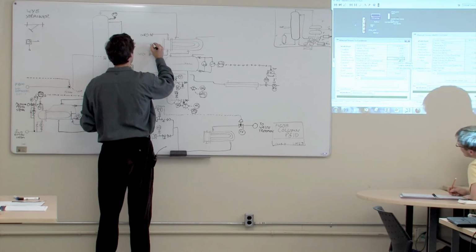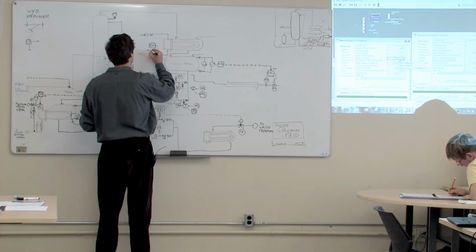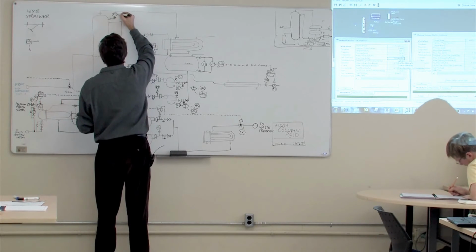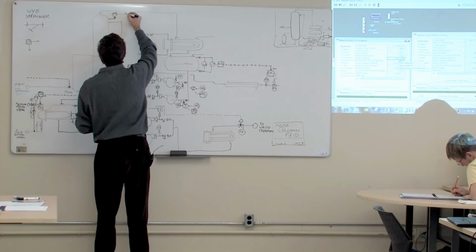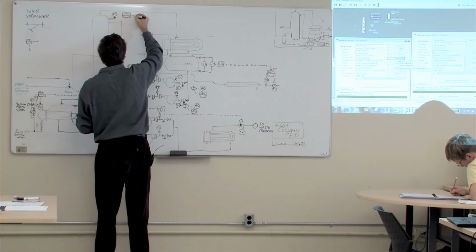So there's my flow indicating controller, like that, and a flow indicating transmitter, like that, and I'm going to bring my pressure indicating controller here. Well, that's a bad circle.